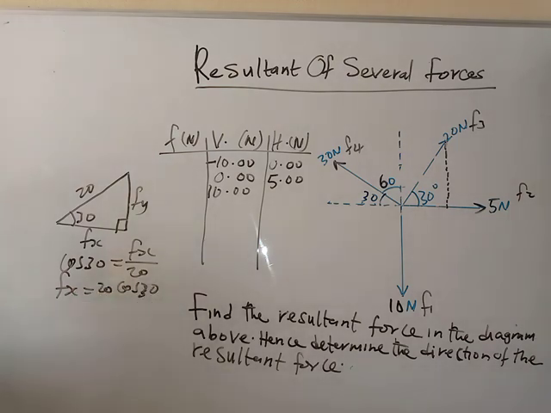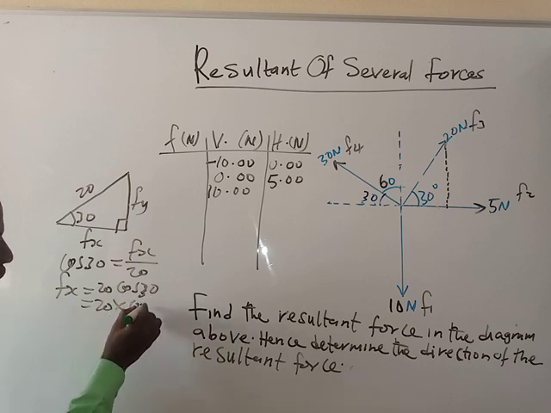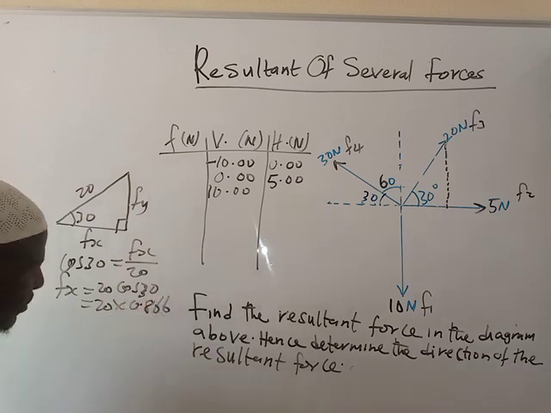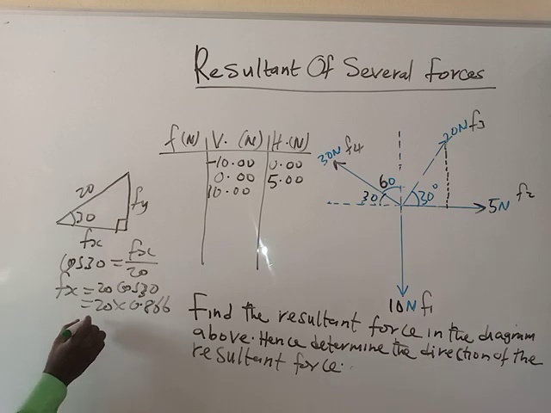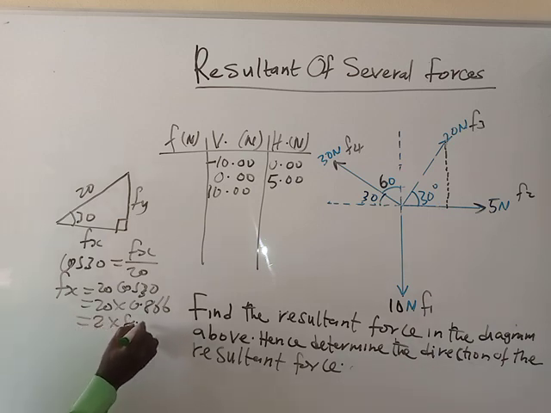And what is cos 30? Cos 30 is 0.866. Therefore, we have 20 multiplied by 0.866. So, this one is same thing as 2 multiplied by 8.66. So 2 times 8.66 will give us approximately 17.3.